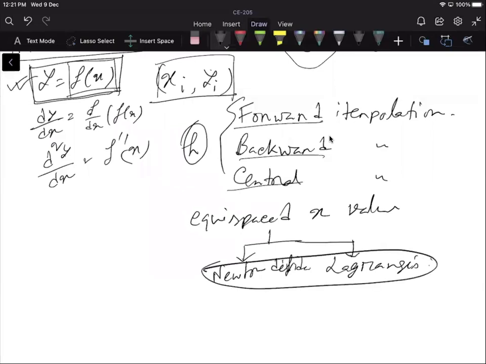In each method the basic concept is the same, y is equal to f of x. Based on the given data set, either equispaced or not equispaced, in both cases we will form a function of x, y is equal to f of x. So the next task, numerical differentiation, is very simple. Just take the derivative, first derivative, second derivative.